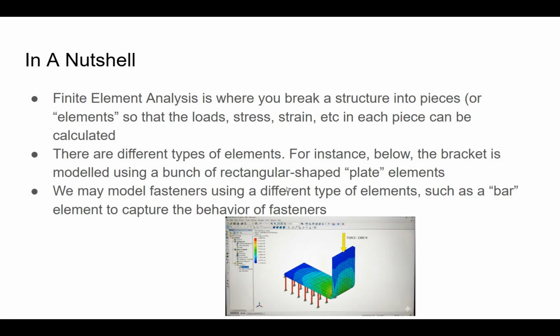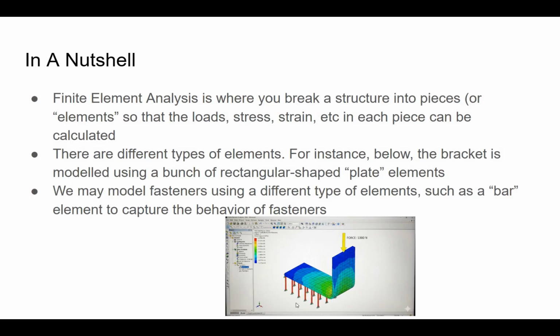And we might model fasteners using a different type of element, and in this case it shows a bar element. So we have the plate elements and then fasteners modeled using bar elements coming from the bottom of the plates. This is how we capture the behavior of fasteners, with these bar elements having different types of phenomena, like the axial stress you might expect from a bar, or different behavior for bending stiffness than a 2D plate.